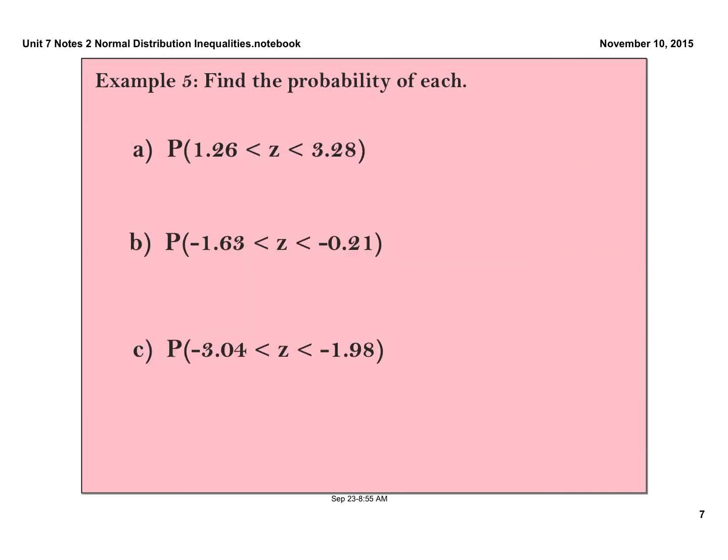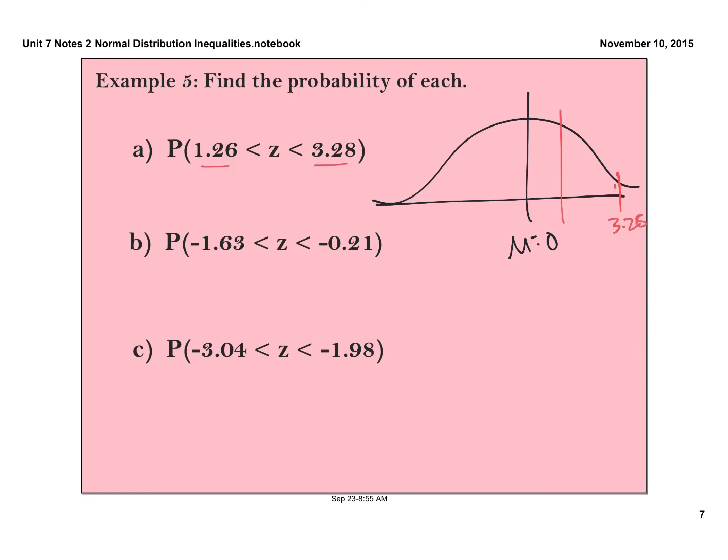This is just another way to read those. If I were to go through and find all of these would be between, again, I'd be looking at mu equaling 0. I want 3.28, which is way up here, and 1.26, which is right about here. And I want this region. So for all of these, we're going to find both and subtract.